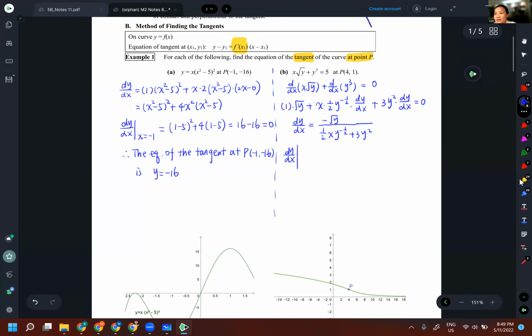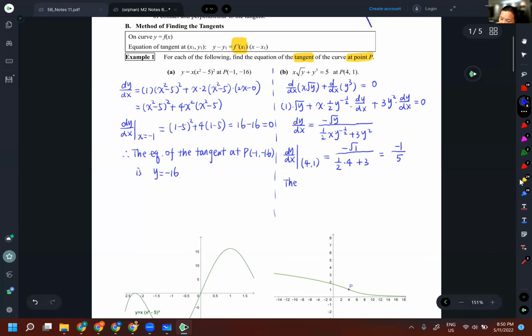Now for this derivative, I need to put in both x and y, not just x. x and y for P. So -1 over 1 times 4 plus 3. Right? Put in x and y at the same time. But for explicit functions, there is no need. You only need x.